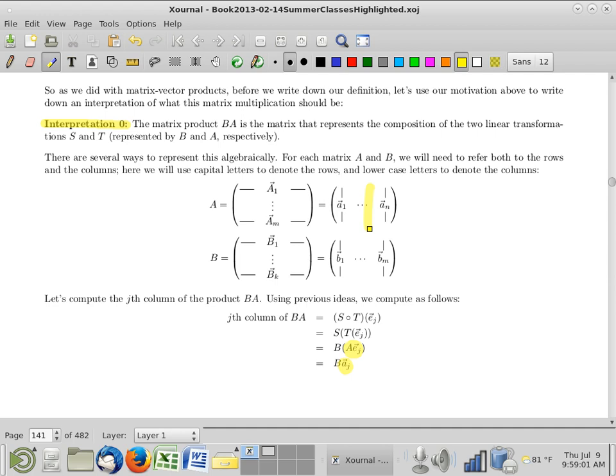So here's our kind of punchline, and that is that if you want to multiply two matrices, want to multiply B times A, the way you're going to do it is one column at a time. The columns of that product are the matrix B times the corresponding columns of the A matrix.